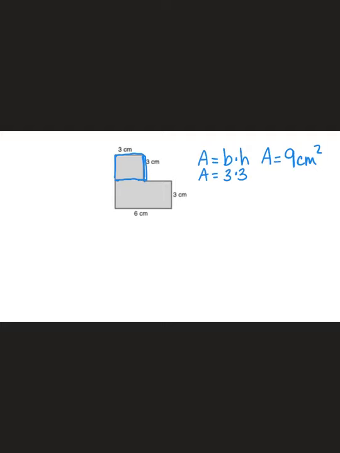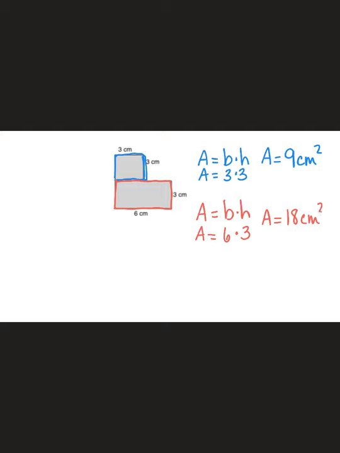Now I can look at the area of the bottom portion of this compound figure. Now, what will be the base and the height of the rectangle? We can see that the base is 6 centimeters and the height is 3 centimeters. So we know that the area of the rectangle is 18 centimeters squared.